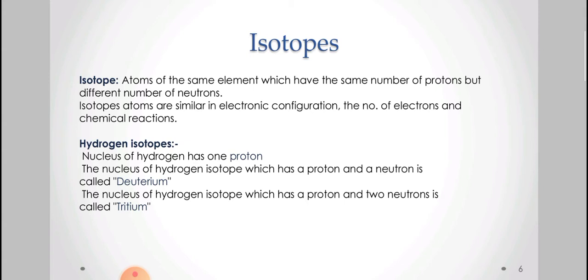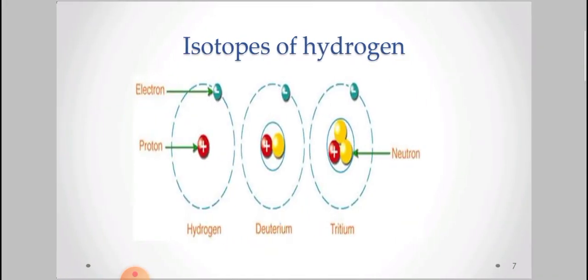The nucleus of the hydrogen isotope which has one proton and two neutrons is called tritium. That's it. Hydrogen: one proton. Deuterium: one proton, one neutron. Tritium: one proton, two neutrons.